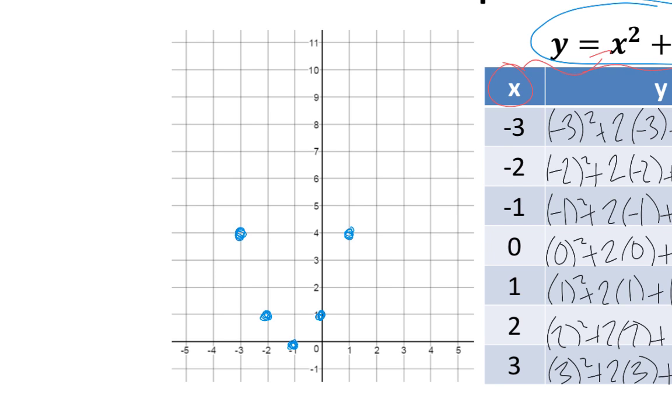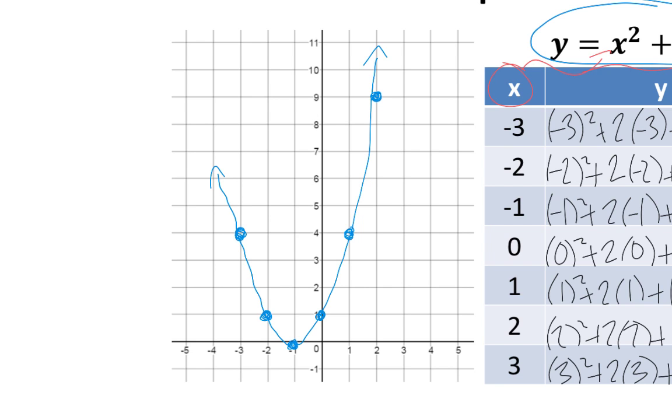And I also have 2, 9. And I have 3, 16. But since I do not have 16 on my y-axis, I'm going to leave it out. What you're going to do now is you're going to connect these dots with a curved line, and that will create what we call a quadratic relation or a parabola.